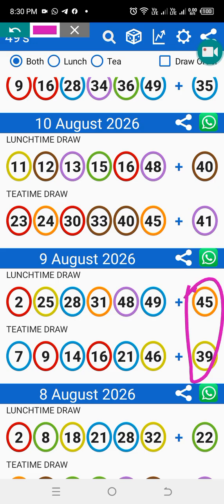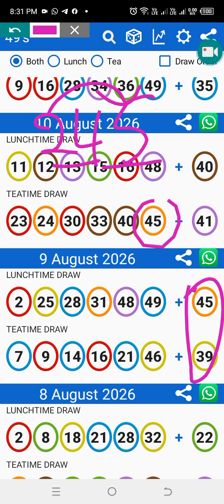We have a 39 plus 45 plus 49 equal to 133 plus 112, it's equal to 245. 245, 24, 45, and 25. So they came really.